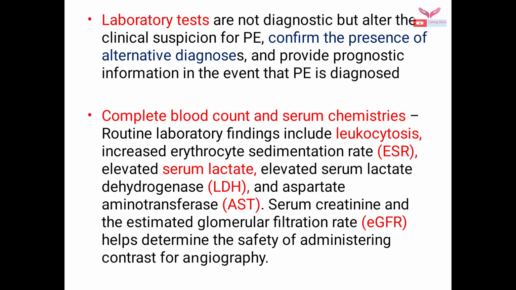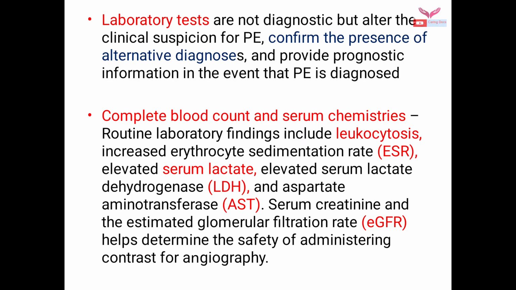Laboratory tests are not diagnostic, but they alter the clinical suspicion for pulmonary embolism and confirm the presence of alternative diagnosis. They provide prognostic information in the event that pulmonary embolism is diagnosed. The CBC and serum chemistries may show leukocytosis, increased ESR, elevated serum lactate level, elevated serum lactate dehydrogenase level, AST level.